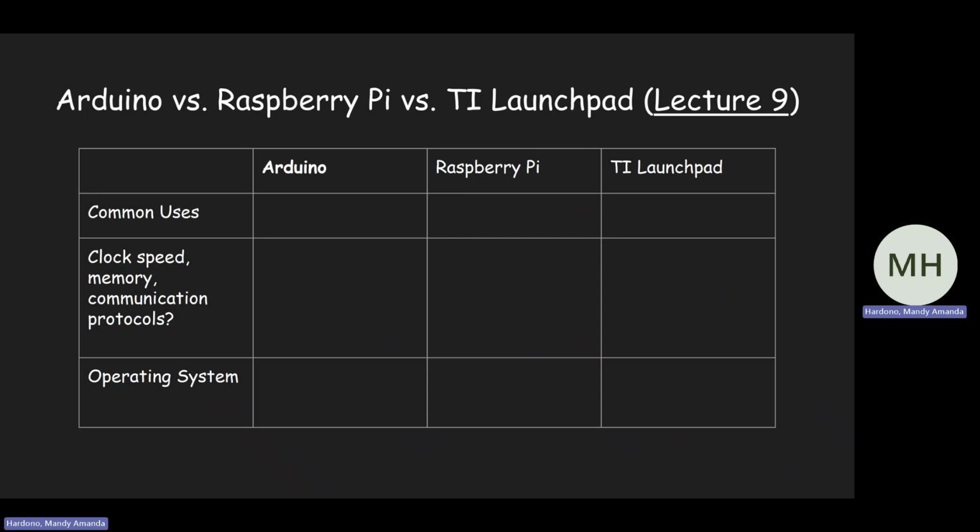Your Arduino is very versatile and easy to use for simple projects like the Raspberry Pi, but it does have open source hardware and an integrated development environment, which is very nice. And your TI Launchpad is basically a product line of over 30 microcontrollers.